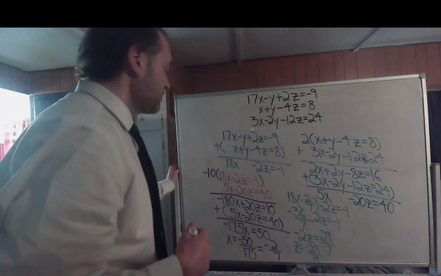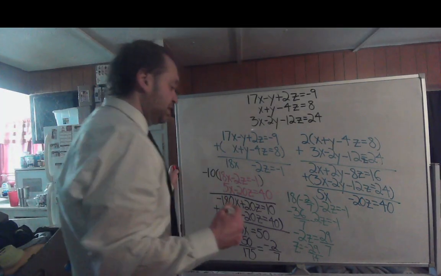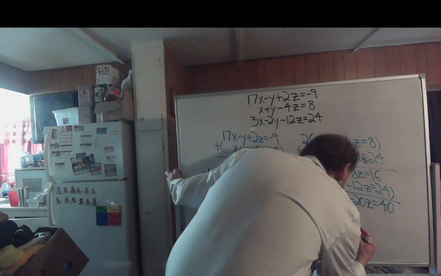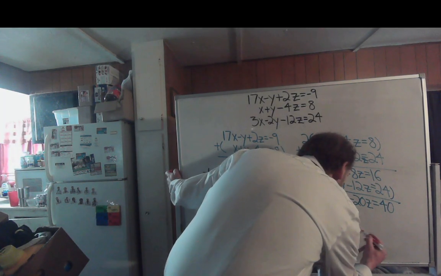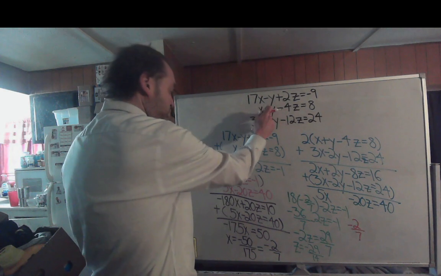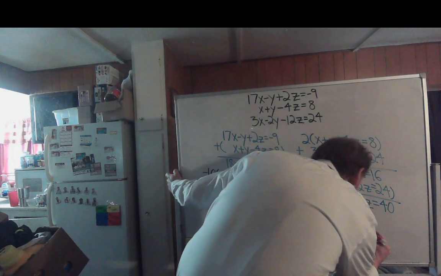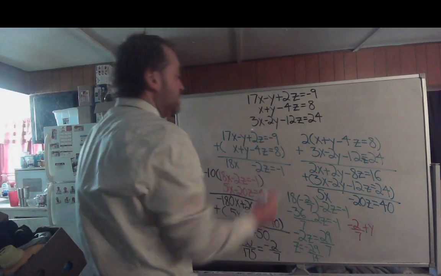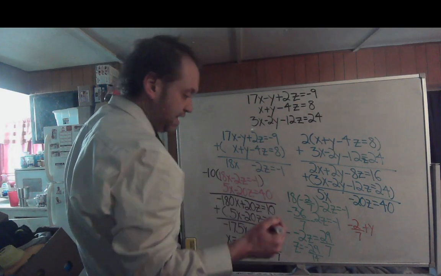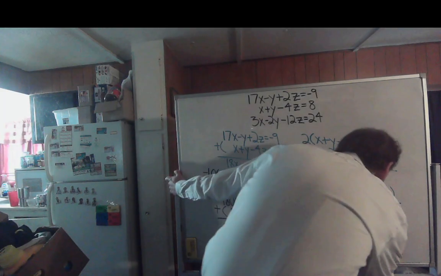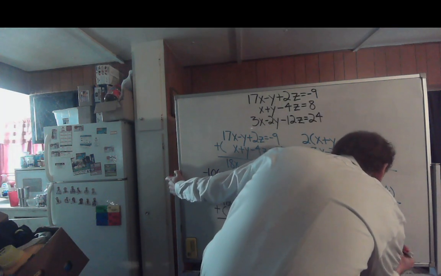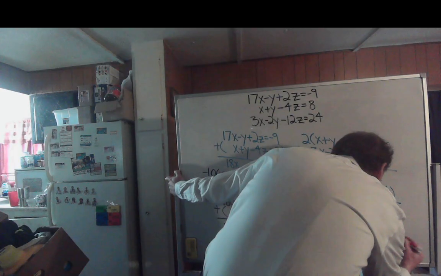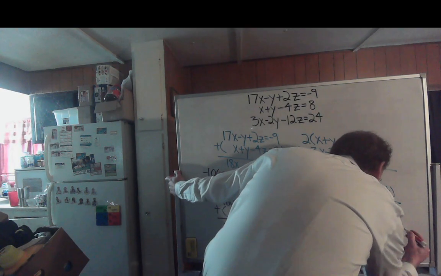So x had a value of negative 2/7, right? Negative 2/7 plus your y value, which we don't know just yet, then you have minus 4 times negative 29/14, all of that equal to 8.